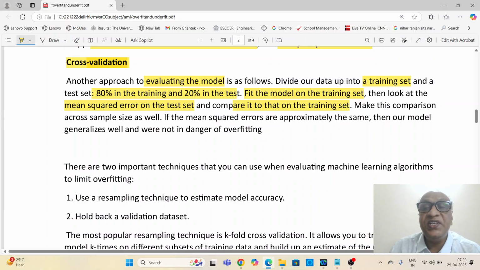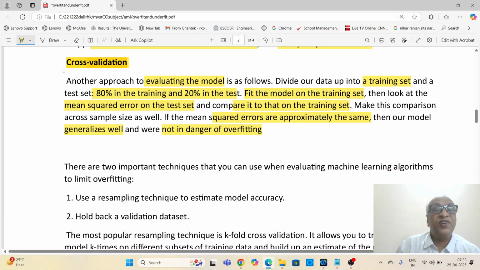If the mean square errors are nearly the same, then our model has generalized well and is not in danger of overfitting. So basically we divide our data set into training and testing sets, find the mean square error, and compare the mean square error of the training and testing data. If they are nearly the same, our model has generalized well and doesn't have the danger of overfitting. Whatever we did just now indicates cross validation.